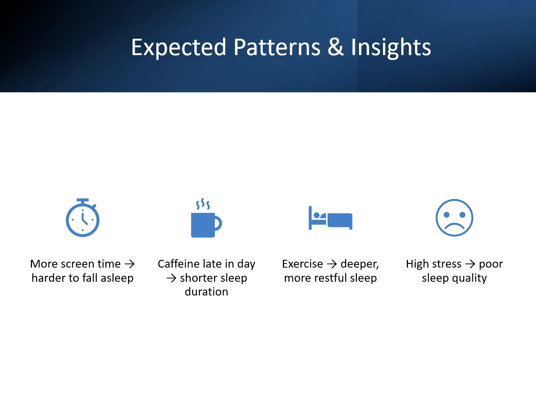More screen time before bed, so it is harder to fall asleep. Caffeine in late afternoon, shorter sleep duration. Exercise on certain days, deeper, more restful sleep.